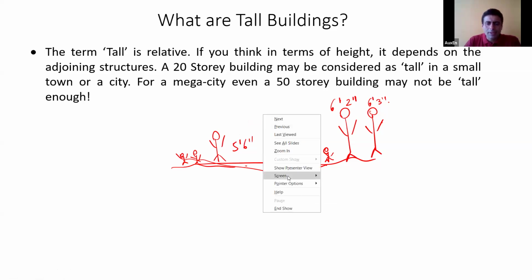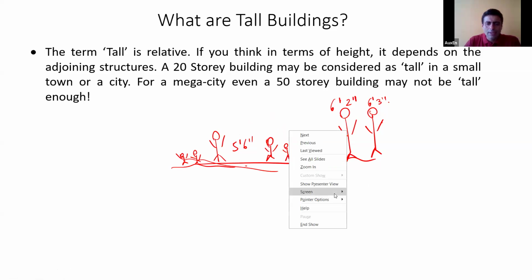To give you a practical example, in our city, the tallest habitable building that we have is a 20-story building. So even a 20-story building will be tall for us.